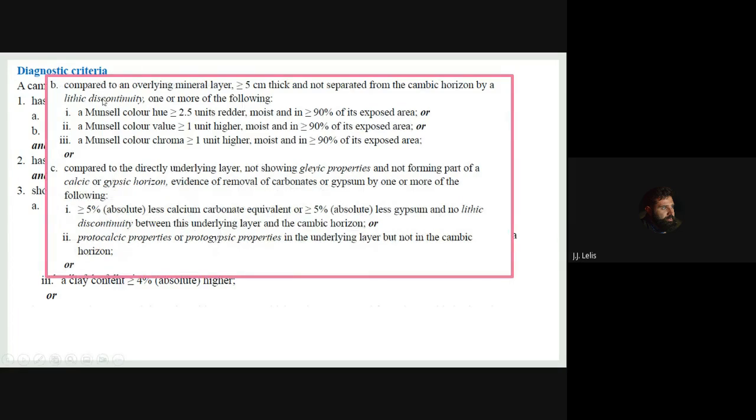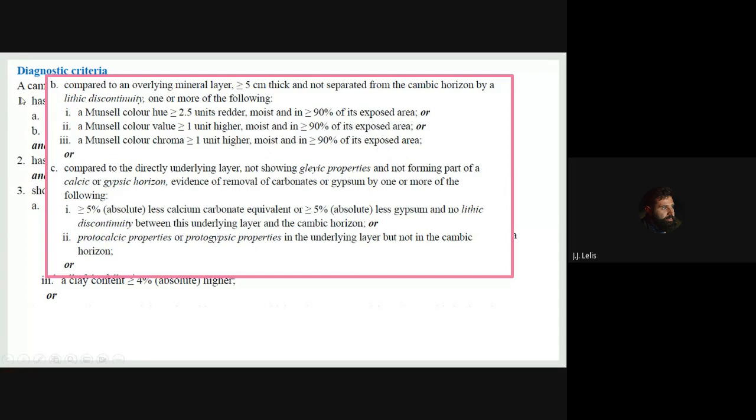If we compare the cambic horizon with the overlying mineral layer, with 5 centimeters thickness, they are not separated by a lithic discontinuity, and it should possess, again, higher hues, higher values, and higher chromas, because the cambic horizon should possess specific colors that are produced by soil genesis, okay?